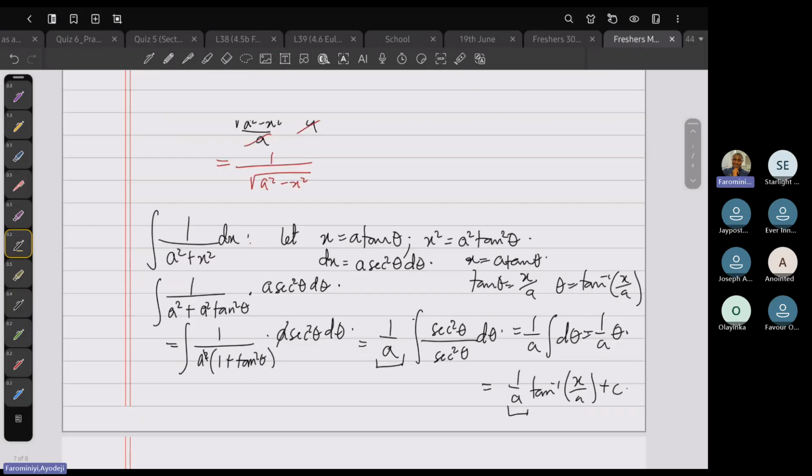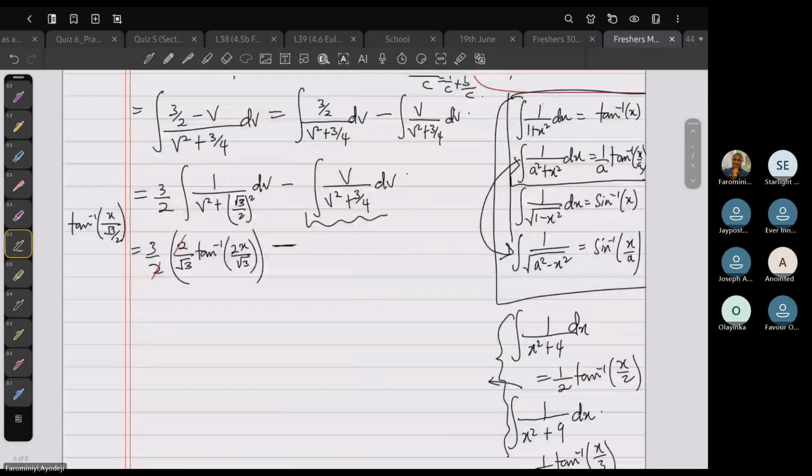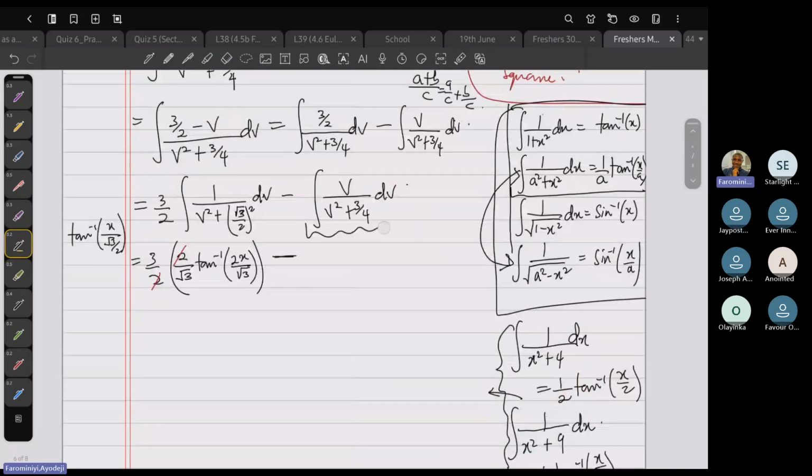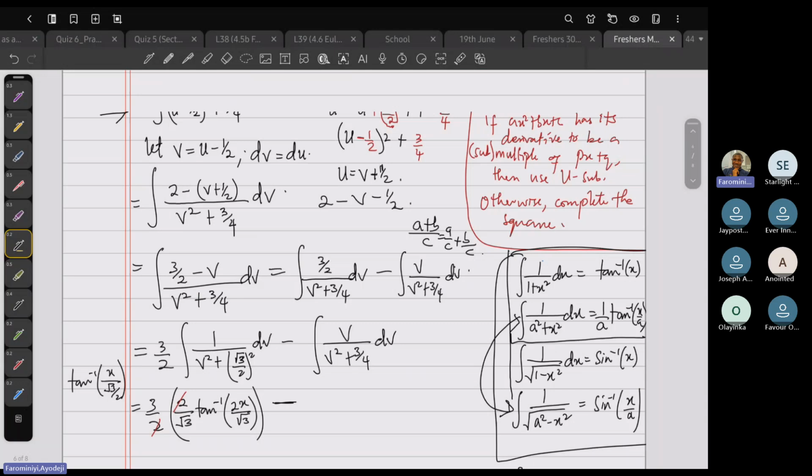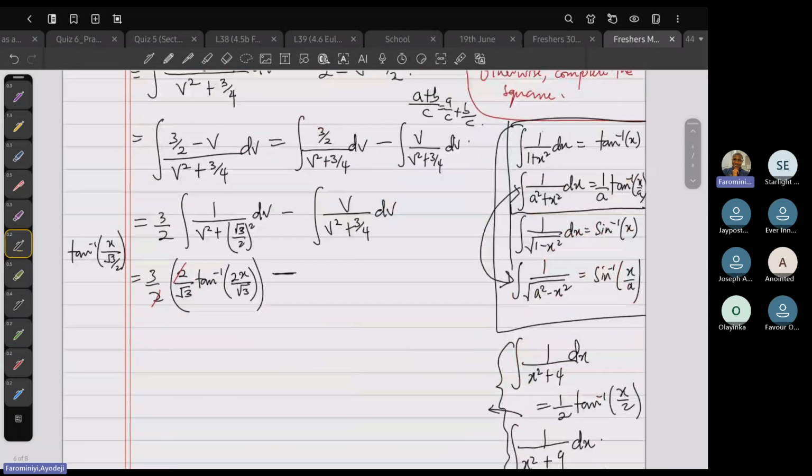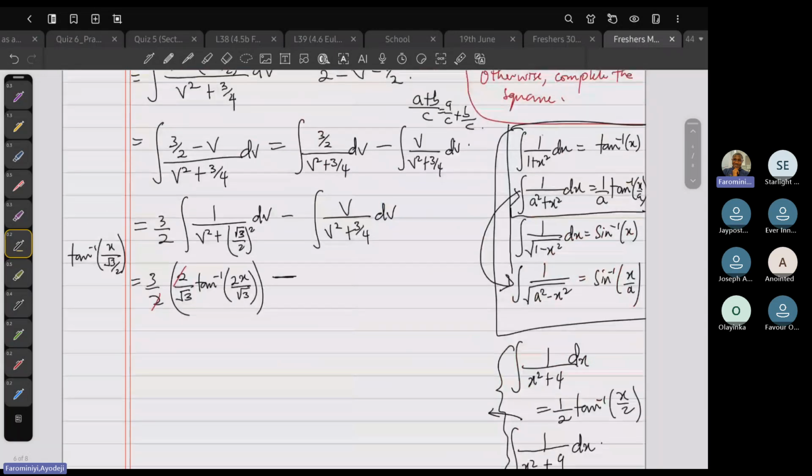But this time around, x is actually v. And I don't want to use u again. Or let's just assume we don't know what u was before. We are not supposed to use u again because we have already used u somewhere there, so that we don't get confused when we start back substituting. So let's use w instead of u bar. w equals v squared plus 3 over 4. So dw over dv is equal to 2v.